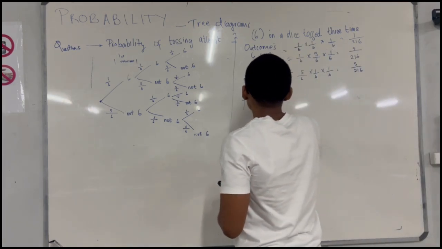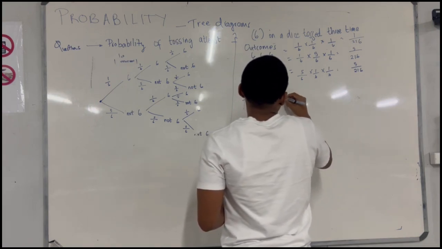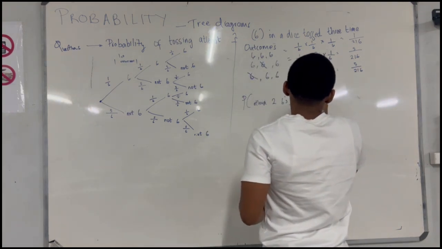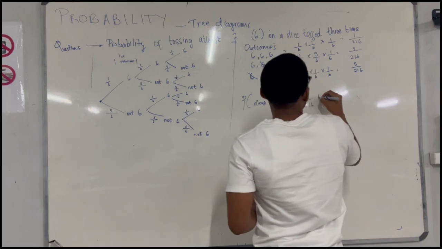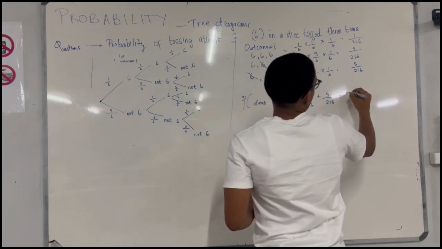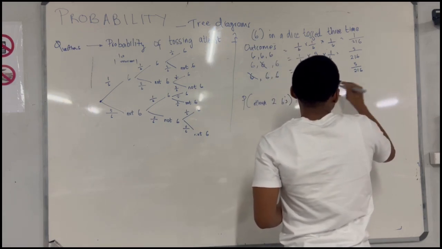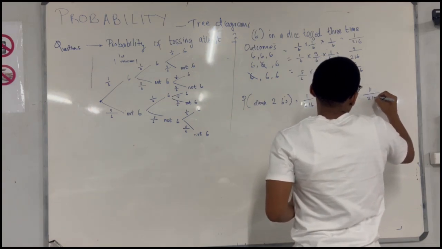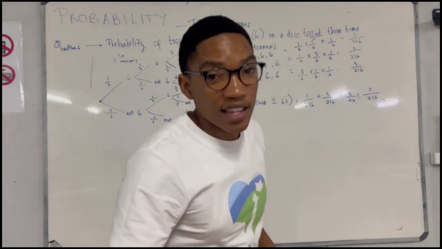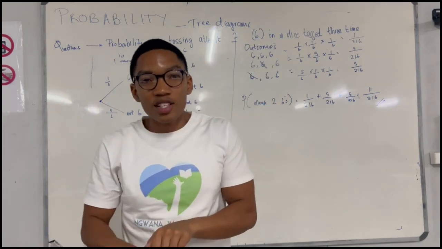So the probability of getting at least 2 sixes comes down to the addition of all individual probabilities. So 5 plus 5 is 10, plus 1, 11 over 216. And that is how you draw a tree diagram of mutually exclusive events.